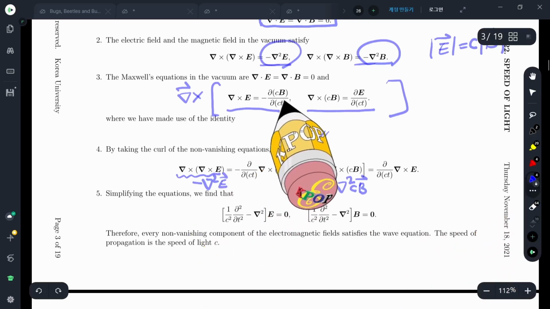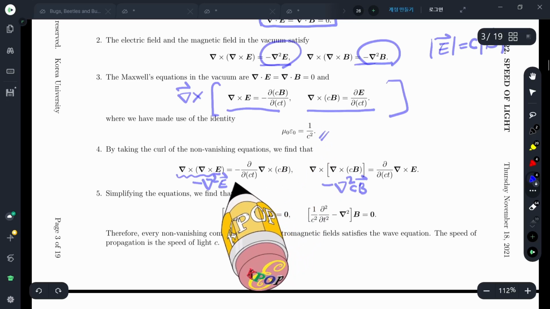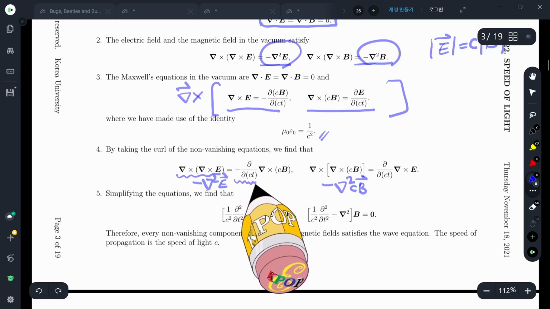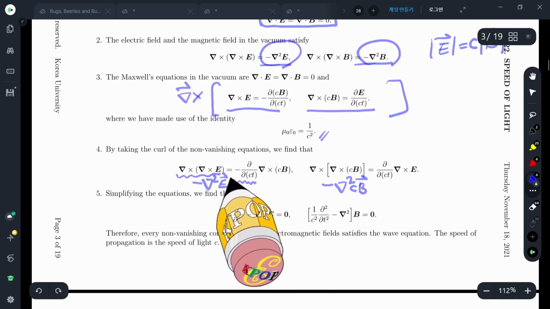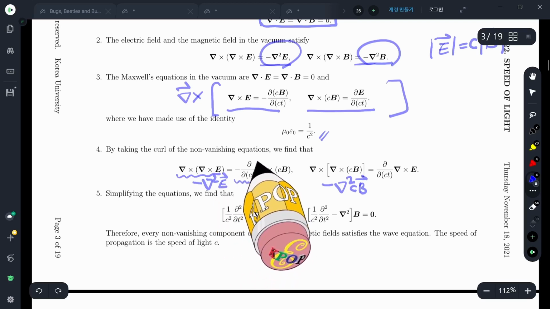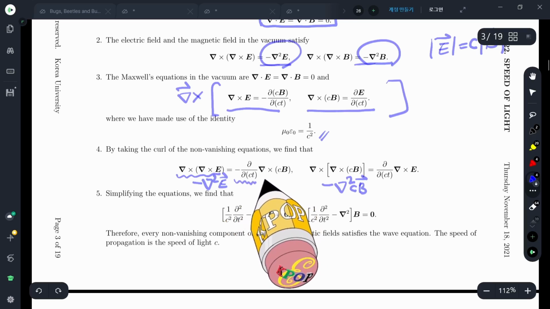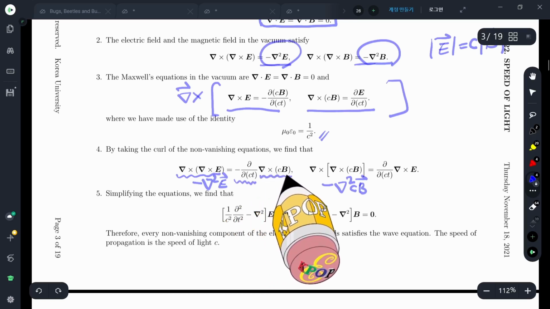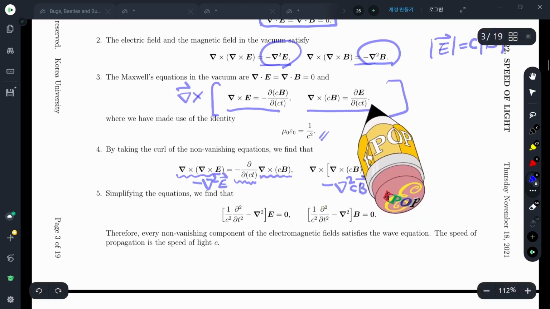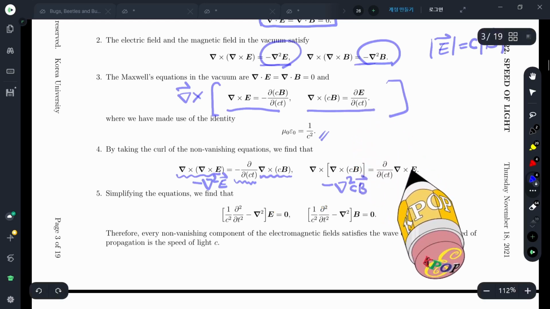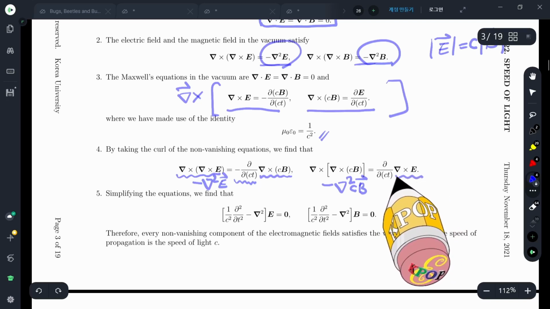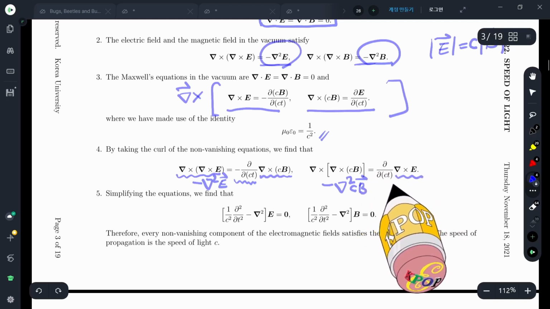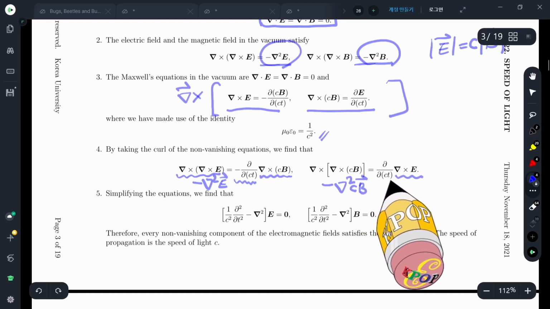And what happens to the right-hand side? We keep the time derivative as it is and put the curl operator inside. Then it becomes the curl of B multiplied by the speed of light. On the right-hand side of Maxwell's equation, we obtain the curl of E, which will be differentiated with respect to the speed of light multiplied by time.